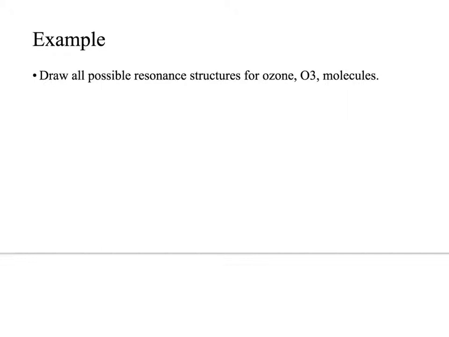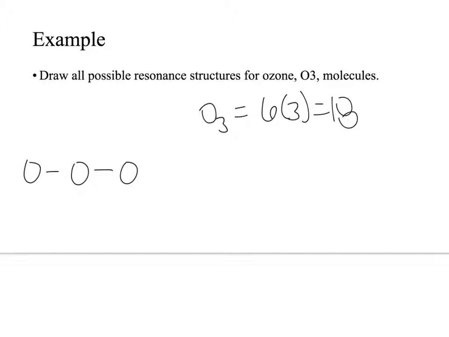Lastly, ozone molecules. All the resonance structures. So O3 has 18 electrons. So we have O, 2, 4, 6, 8, 10, 12. Hang on.